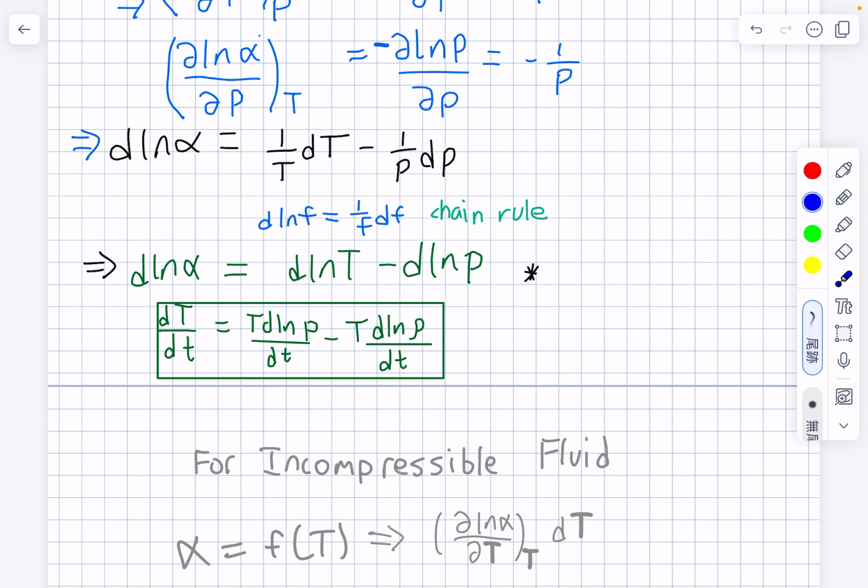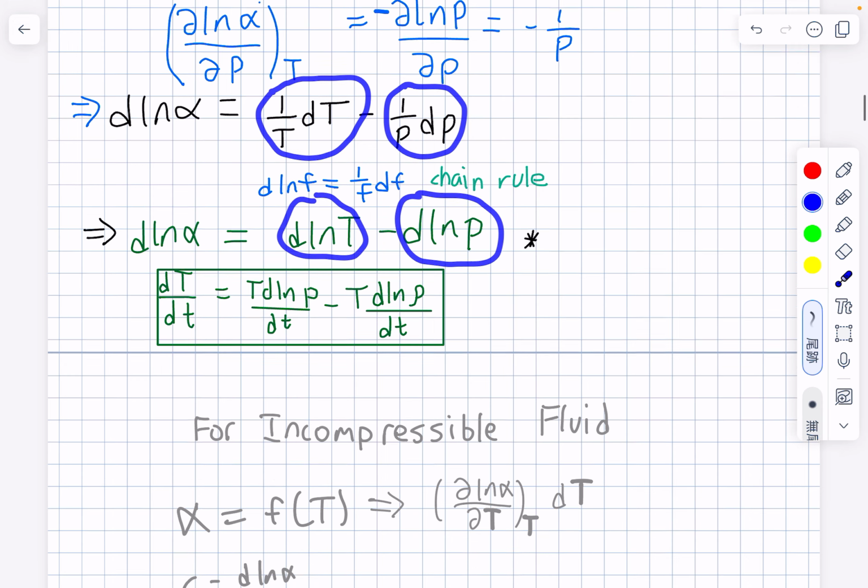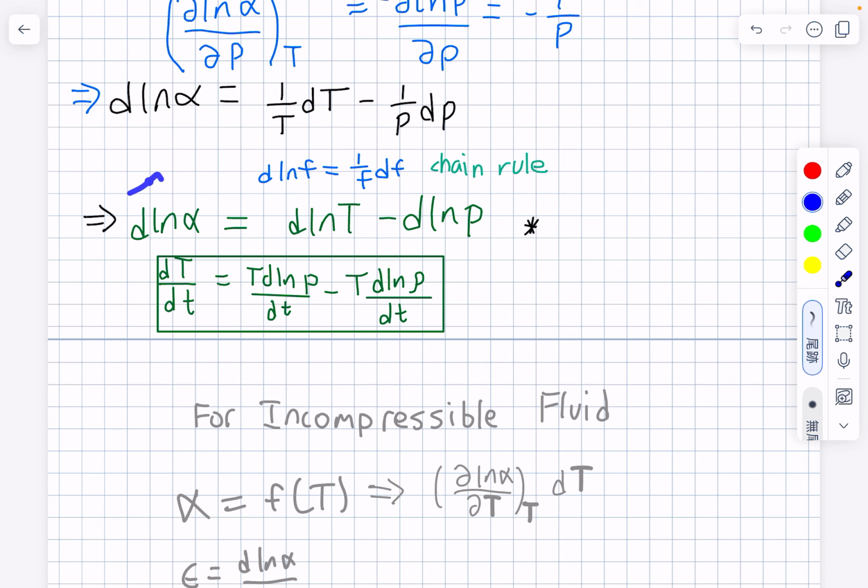So in the case of ln f, we get d ln f is equal to 1 over f, because the derivative of ln f is 1 over f, times df. And so these two terms, we would get d ln t, and this term here, we would get d ln p, and that gives us our thermodynamic relationship, as I call it.